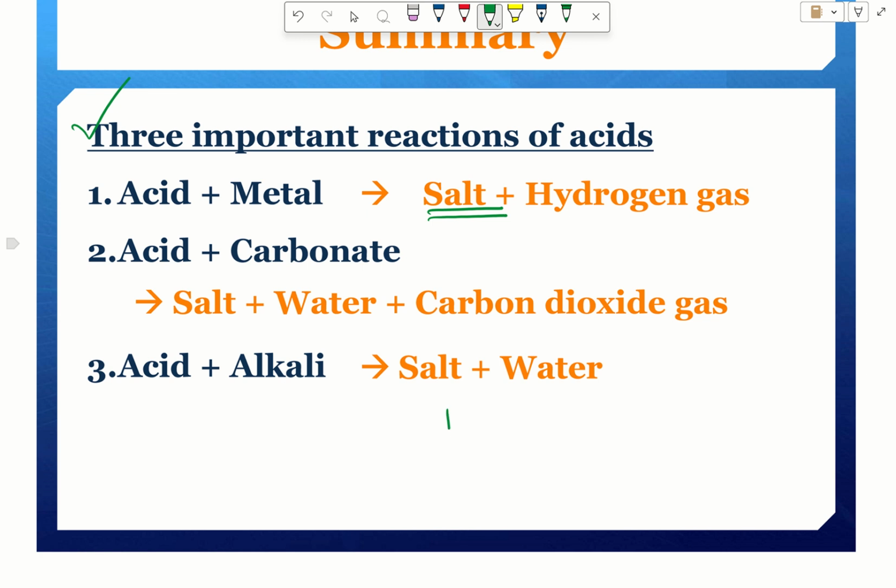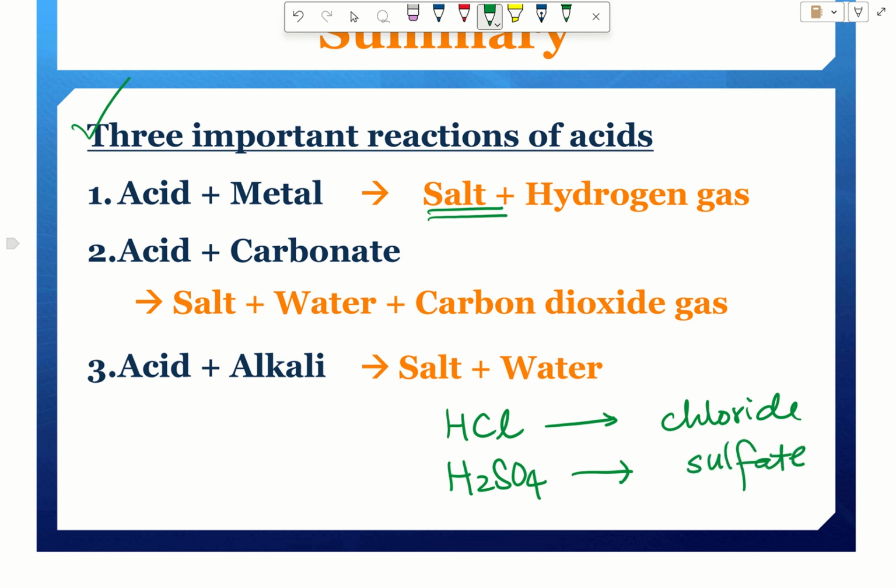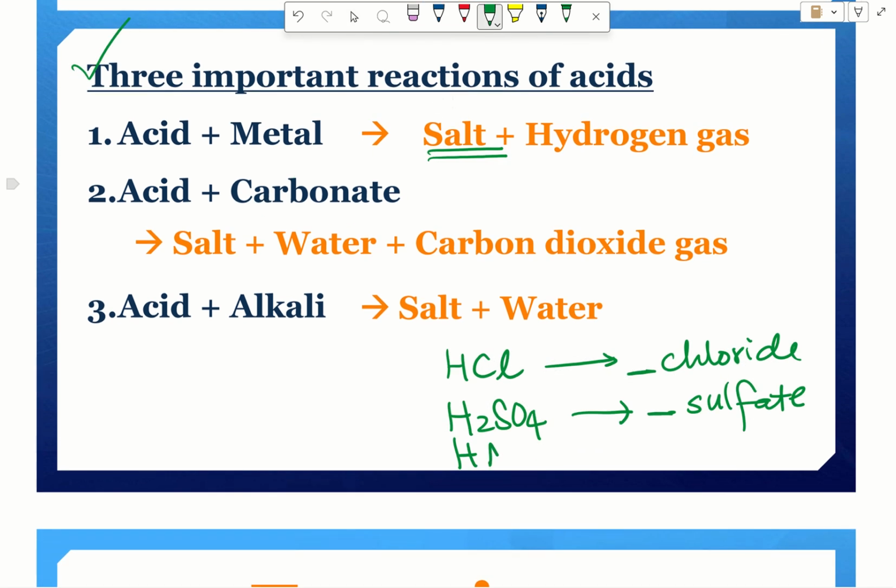We have 3 kinds of acid, HCl, so the salt will be a chloride salt. We have H2SO4, which is our sulfuric acid, so the salt will be a sulfate salt. What goes in front is the name of the metal. Then we have our nitric acid, and it will form the salt nitrate, something nitrate.